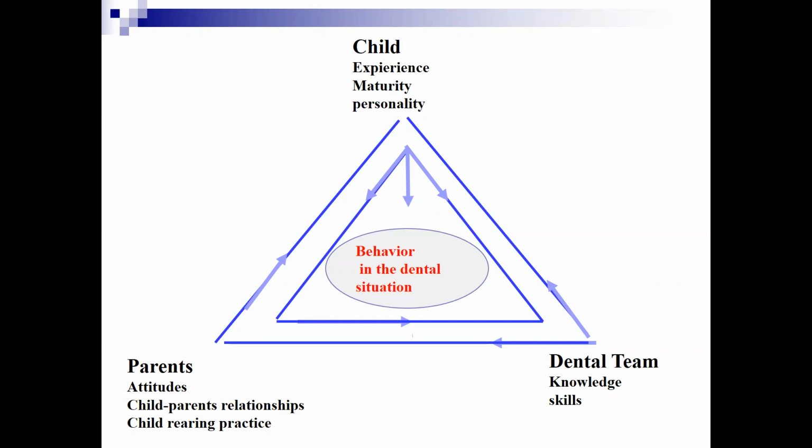This slide illustrates the relationship known as the pediatric dentistry treatment triangle. Note that the child is at the apex of the triangle and is the focus of attention of both the family and the dental team.